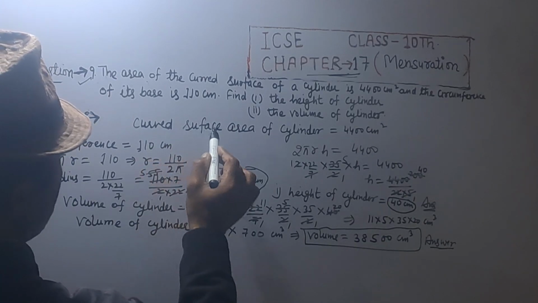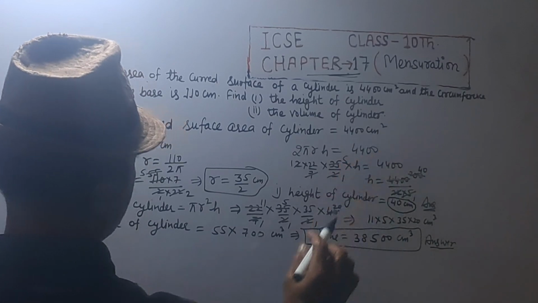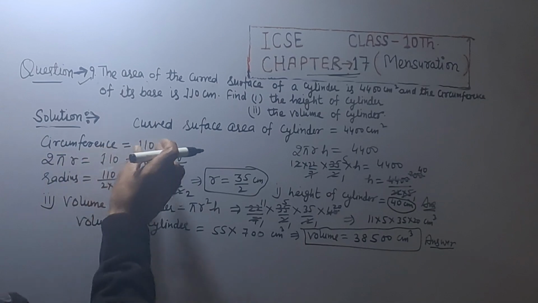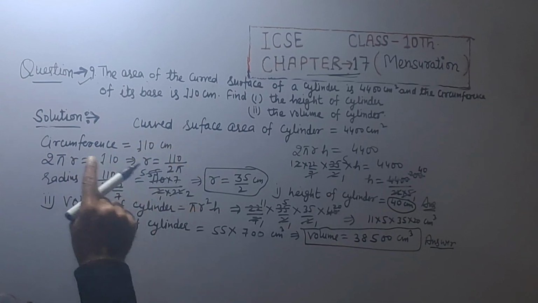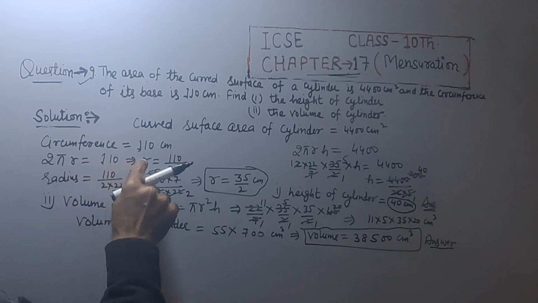Given curved surface area of cylinder is equal to 4400 centimeter square and circumference of base is 110 centimeter. Circumference is 2 pi r, that is equal to 110.